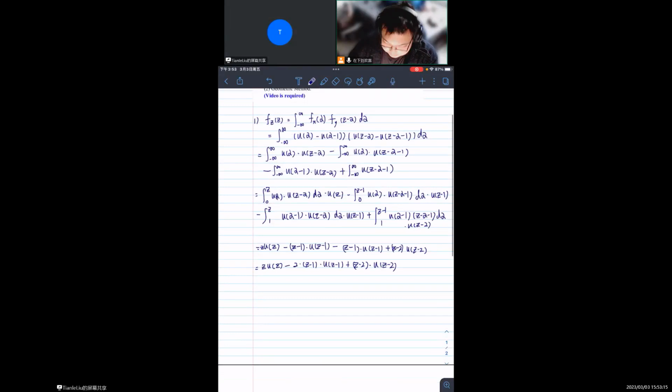So for this one, we also need to right shift the z during the process, so it turns out to be this. After the right shift, I think the problem should be like this.